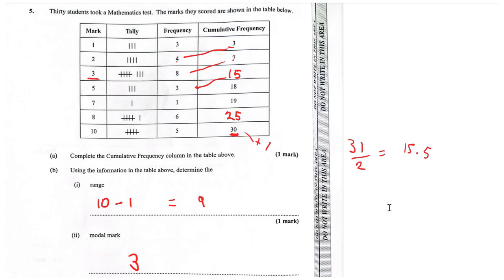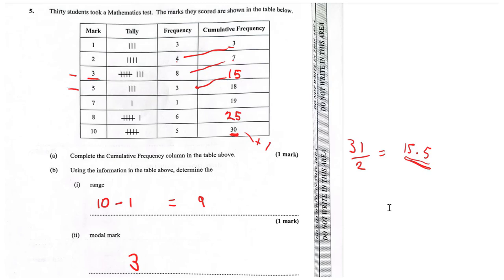So now we're going to count. So what this is telling us is that the median mark will be between 2 marks, right? So therefore I'm going to count my frequency. So this is 3 plus 4, 7. 7 plus 8, that's 15. So the median mark is going to be between 3 and 5, right?